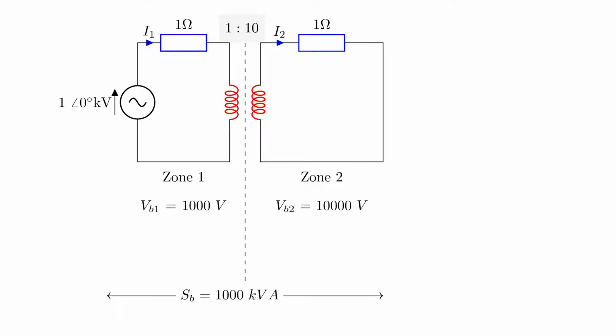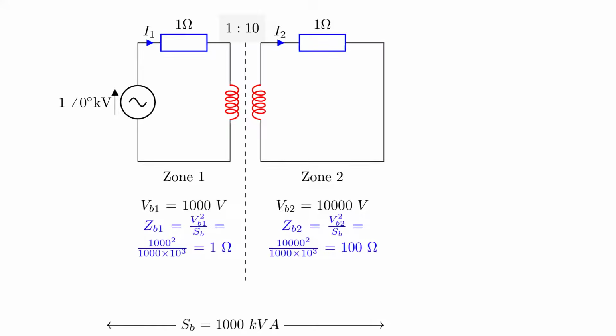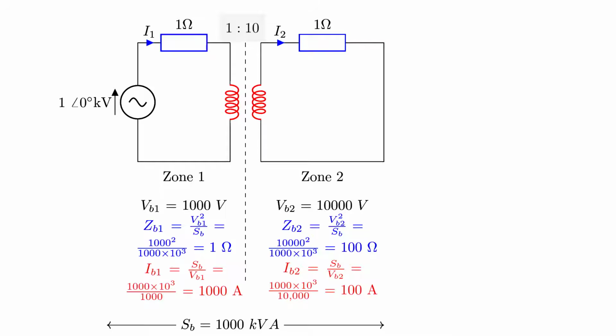So the definition of Z-base is V-base squared divided by S-base. And the definition of I-base in a single phase system is S-base divided by V-base. So we can use these equations to work out Z-base and I-base in each zone. And they will be different in each zone because V-base is different in each zone.